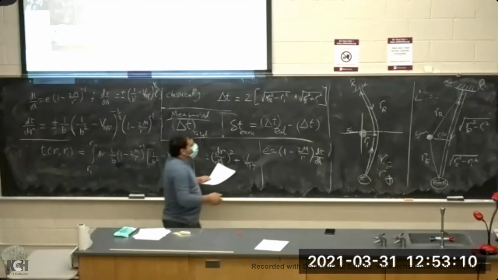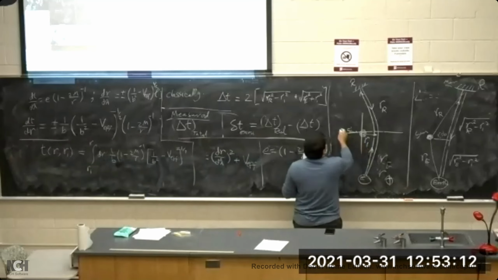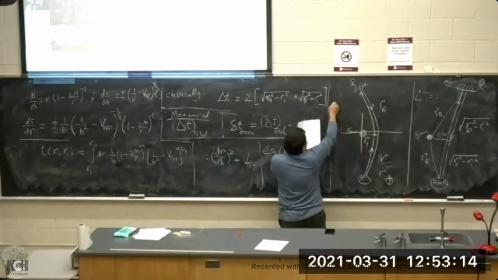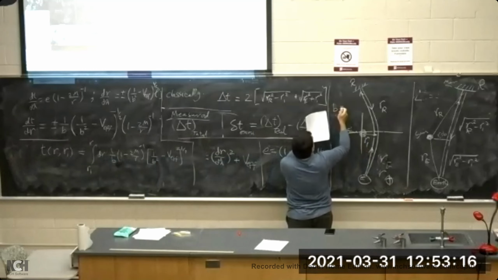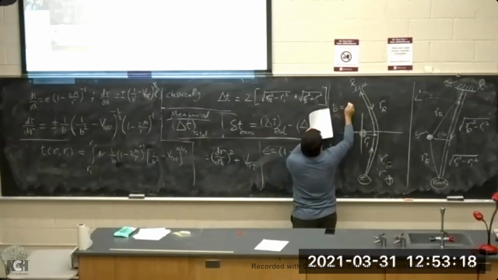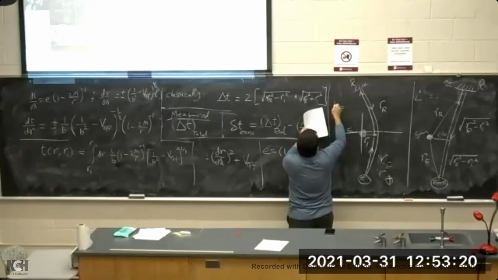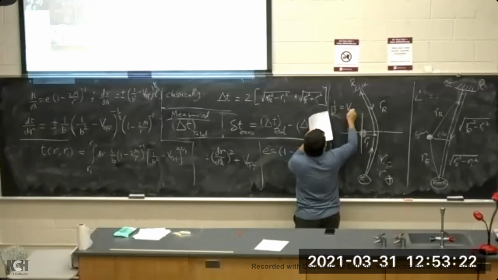Also again at R1, which is R minimum, we have b equals 1 over b squared, which is b effective.